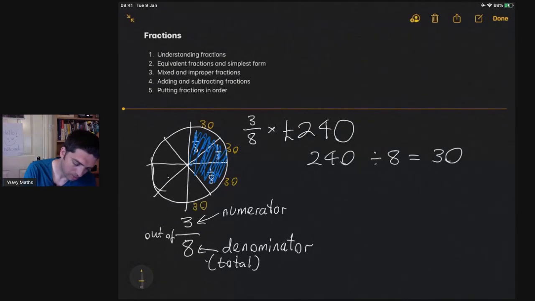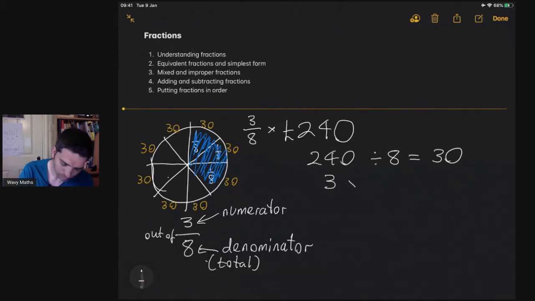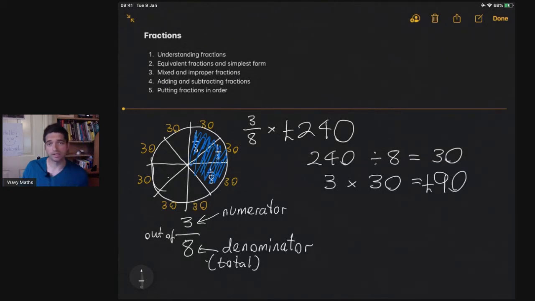So the whole cake often can represent everything. It represents the whole. In this case, the whole cake represents £240. So I'm going to get 3 pieces of the cake. So I'm going to get 3 times 30, which is £90, and then you're going to get the rest. So that's a way of sharing money.